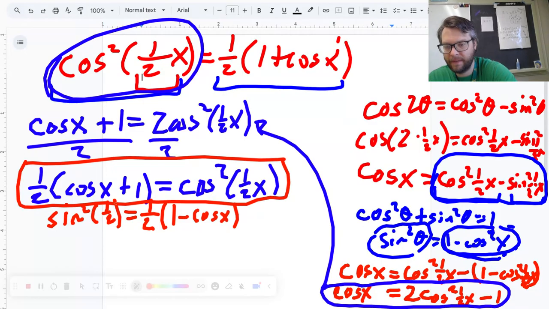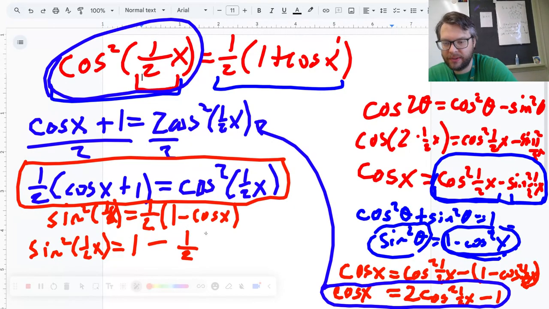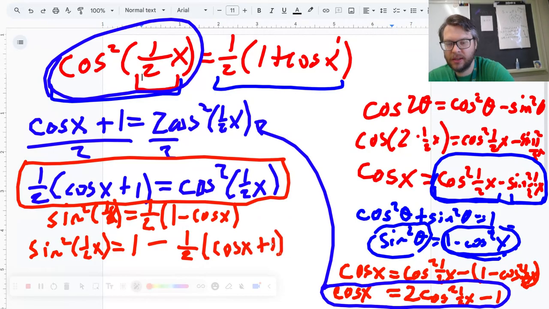So now I know that sine squared of 1/2 x has got to be 1 minus the answer I just got, cosine squared of 1/2 x. And I can just replace the answer I just got.